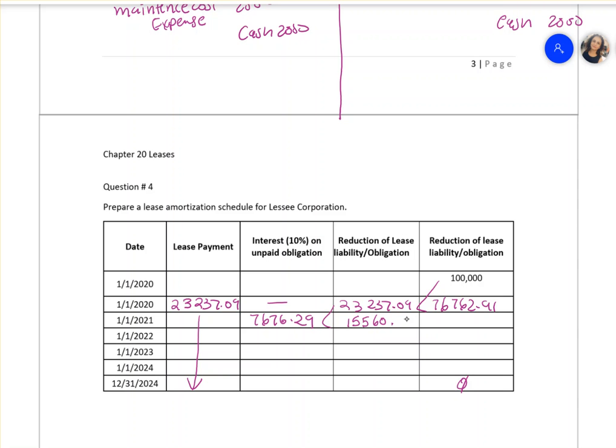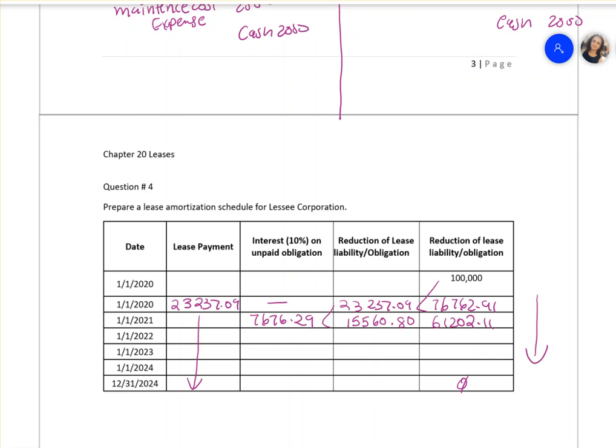I think I rounded up to 2. You can round it up to 1 if you don't want the 2 decimal places. But if you're doing it on Wiley Plus, it likes 2 decimal places, so you want to stick with the 2 decimal places to make your life easier. So then you can go ahead and complete the table.